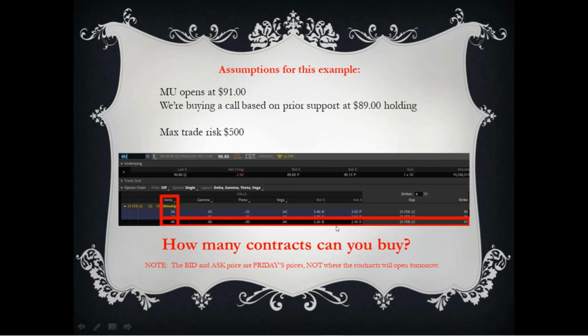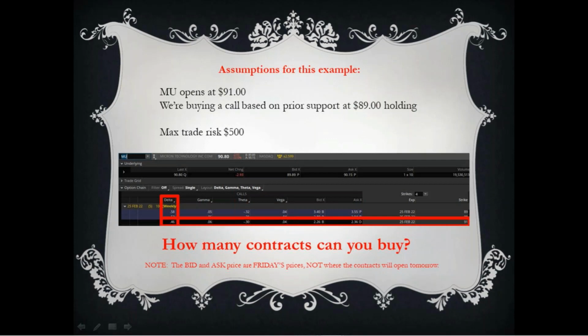These are not going to be the prices where it opens tomorrow, but we've got to use something so it's easier to see rather than just visualize. Okay, so if our maximum trade risk is $500, how many contracts can you buy for that $91 strike with proper trade management?